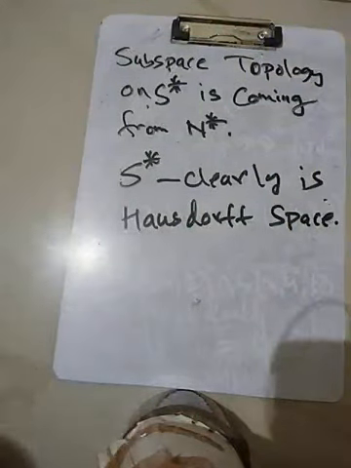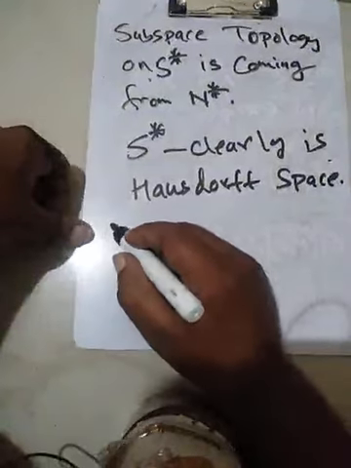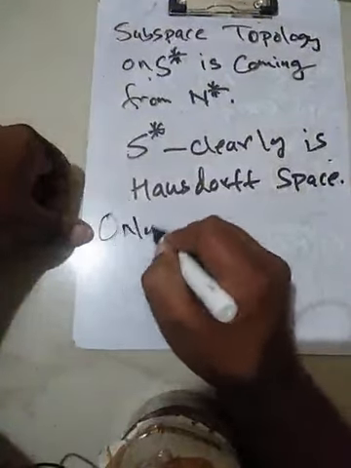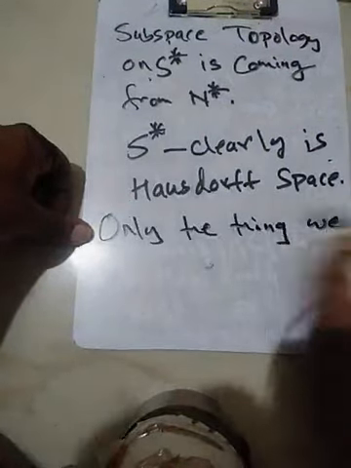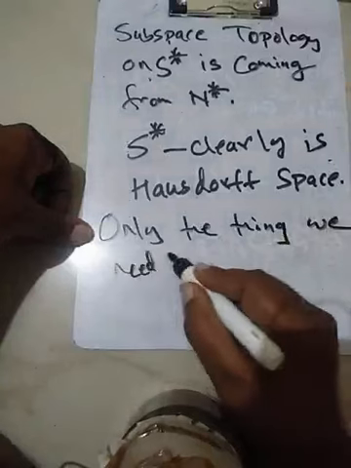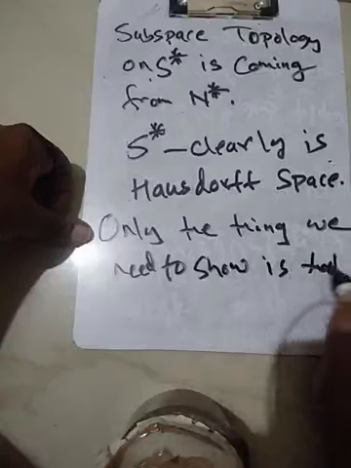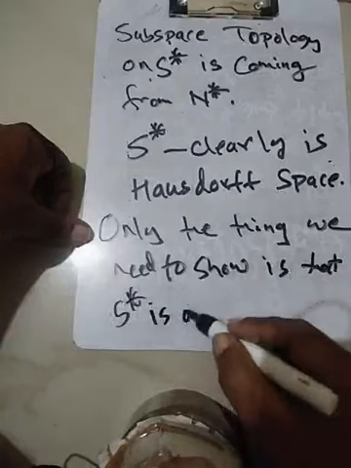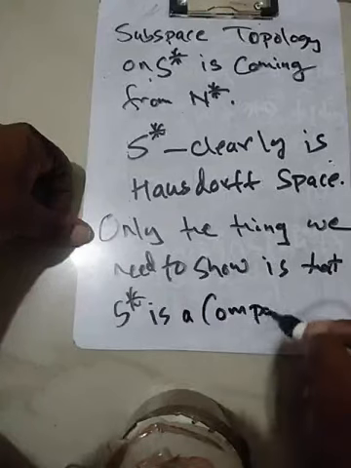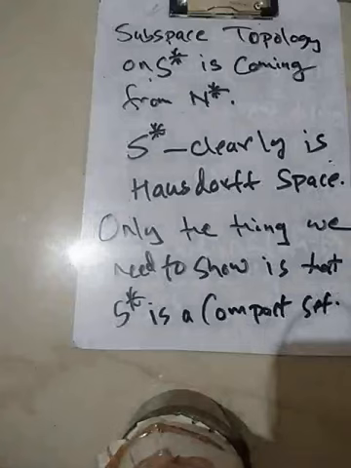In the subspace topology, the only thing that remains to show is that S star is a compact set, or rather a compact space.